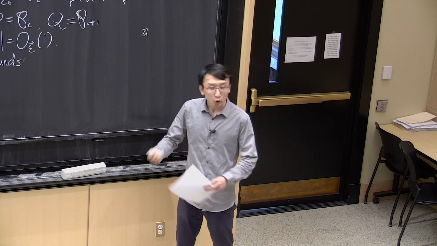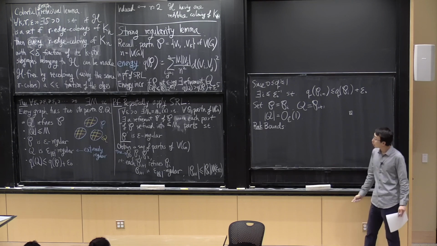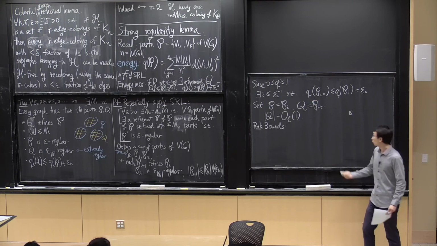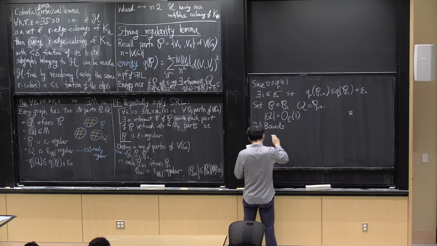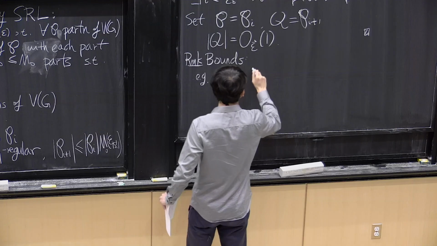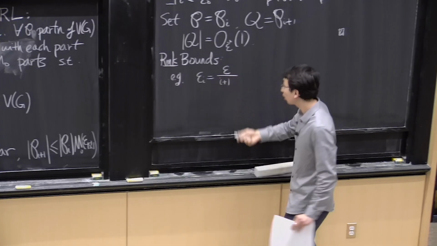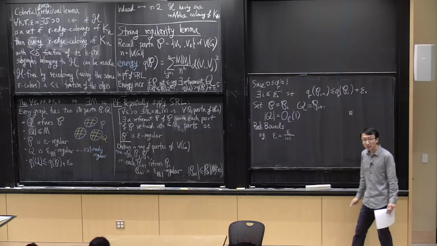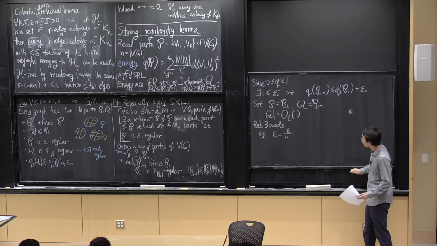In almost all reasonable applications of the strong regularity lemma, for example, with epsilon I being some epsilon divided by I plus 1, or any polynomial of I, or you can even let it decay quicker than that as well.